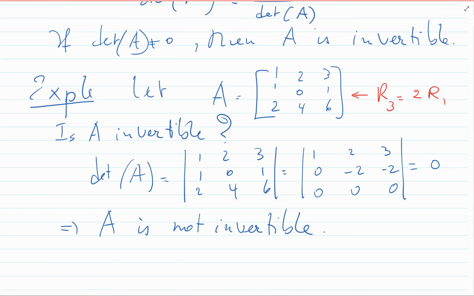If you don't see it, then you can do elementary operations on columns or rows to find out that your matrix in fact is not invertible.